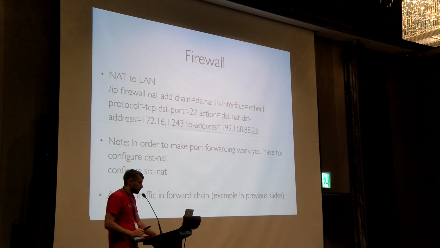So by that we can improve some firewall rules and understand how they are working. If you want to make a port forwarding to your device, you need to configure the DST NAT and source NAT. For example, you have a server in a local network.